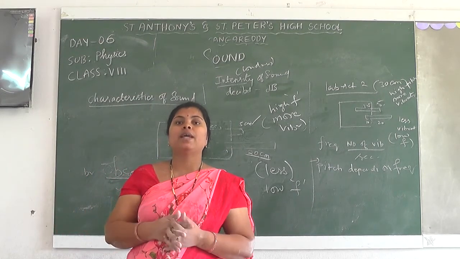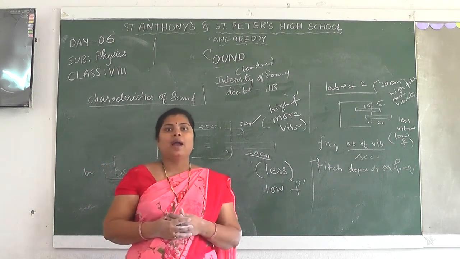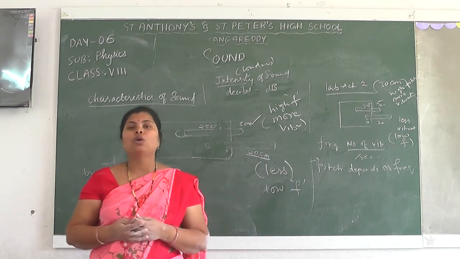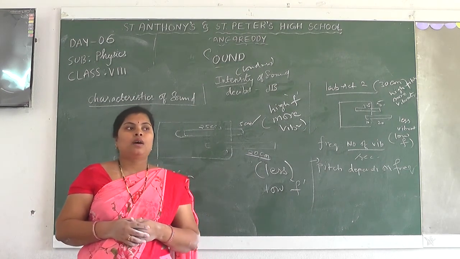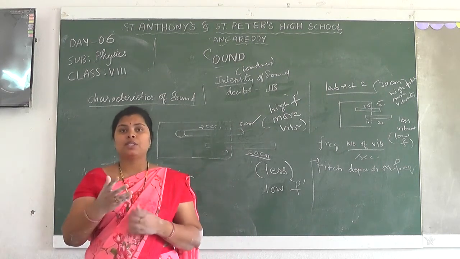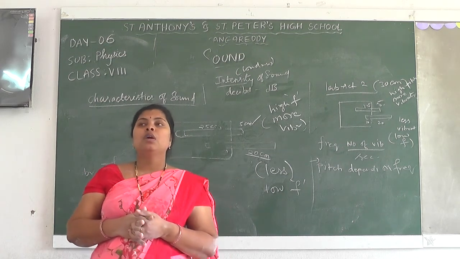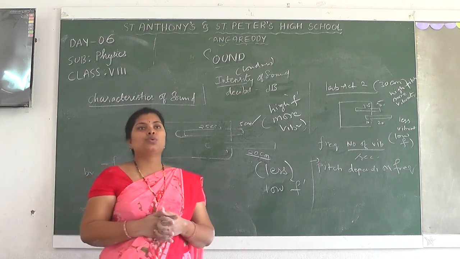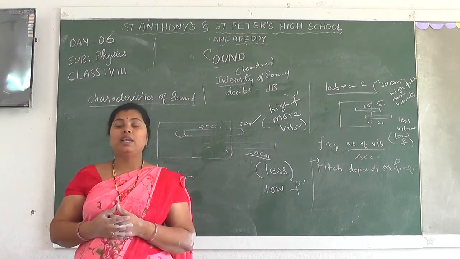We have to design them, and also plant many trees, and use silencers in automobiles to reduce sound pollution. And we need to avoid loudspeakers in marriages and functions. This helps us to overcome sound pollution and live a healthy life.